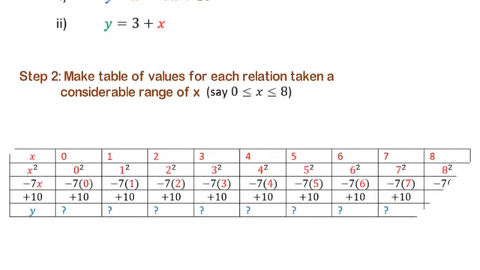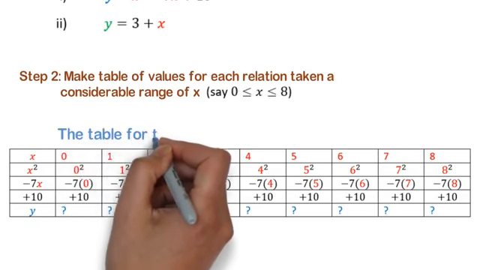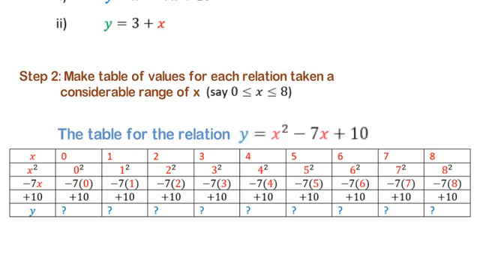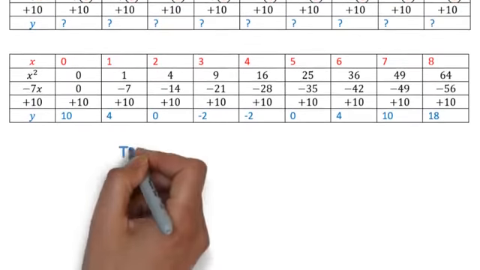We have initially learned how to plot quadratic graphs and straight line graphs, so I implore you, go back to your notes and learn more if you don't know how to make a table of values. So first of all, you make a table of values for the first relation, which is y equals x squared minus 7x plus 10, taking the values of x ranging from 0 to 8 to give you the corresponding values of y.